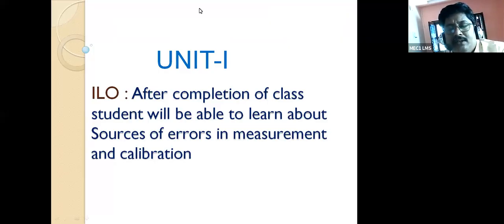This signal is conditioned in that particular intermediate stage. Signal conditioning means whatever defects are in the signal are corrected in that stage. Conditioning means making correct.